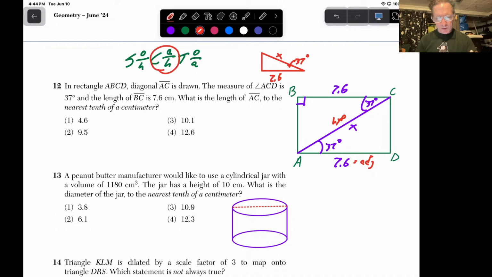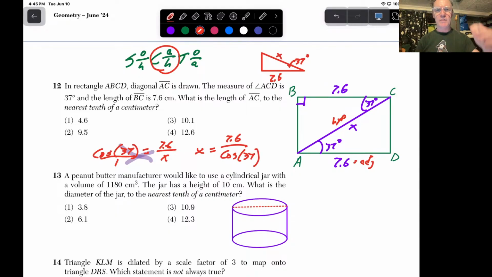That's a cosine question. So the cosine of 37 equals 7.6 over x. You can put that over 1, do a little cross multiplication, and you're going to end up with x equals 7.6 over the cosine of 37.